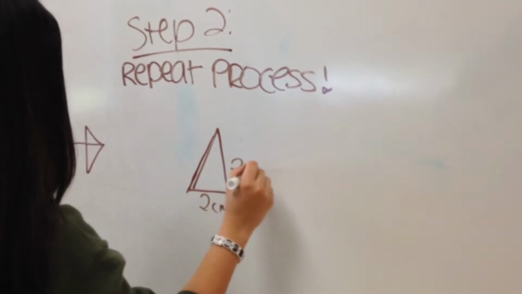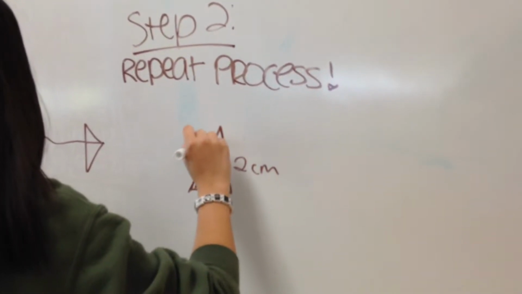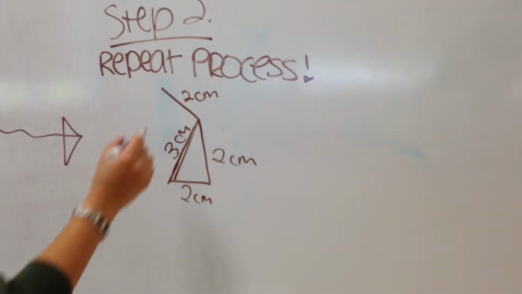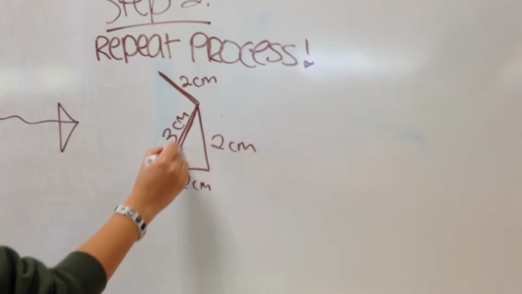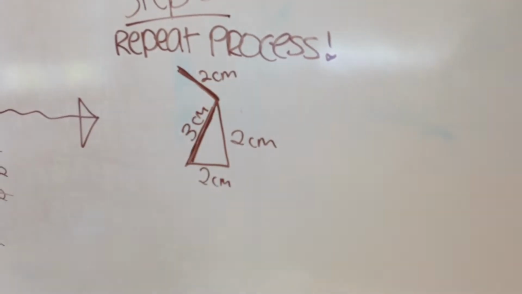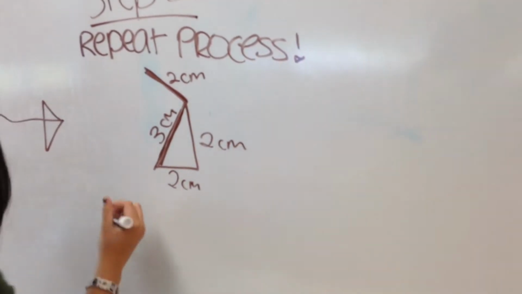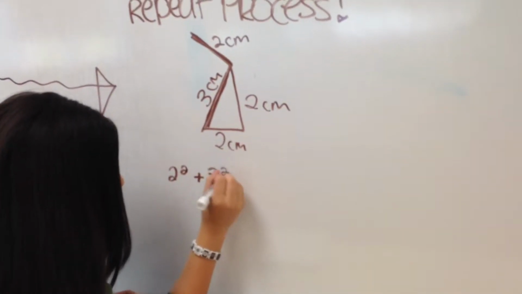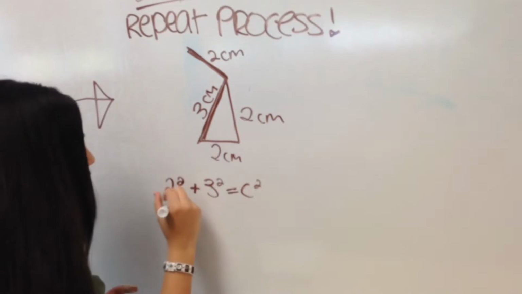Next, you have to repeat the process, and you're going to make the next triangle. To do that, you add another leg of 2 centimeters, and 2 centimeters and 3 centimeters become your new legs. Now you do 2 squared plus 3 squared equals c squared, and find out what your next hypotenuse length is going to be.